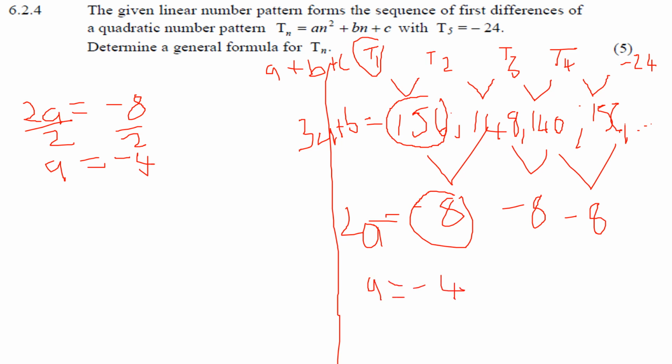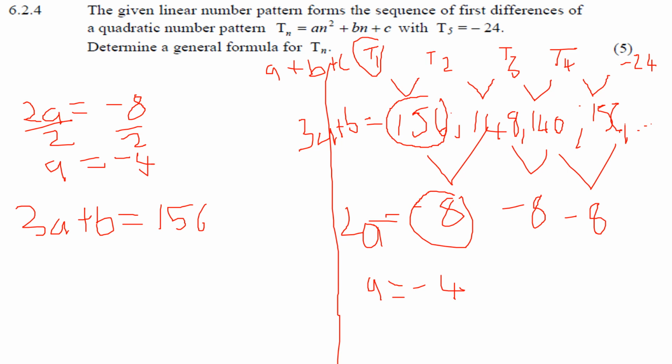Then when we have the value of a, we can find the value of b, because we know now 3a plus b is equal to what? The first term of the first difference of the quadratic sequence, which is 156.